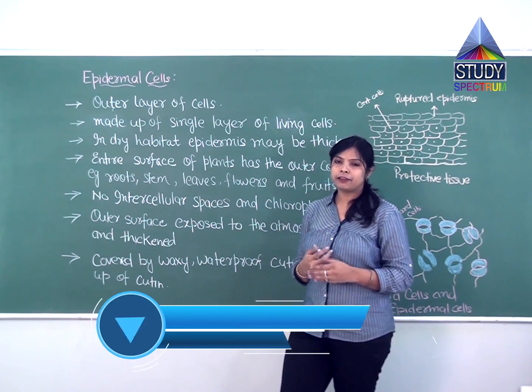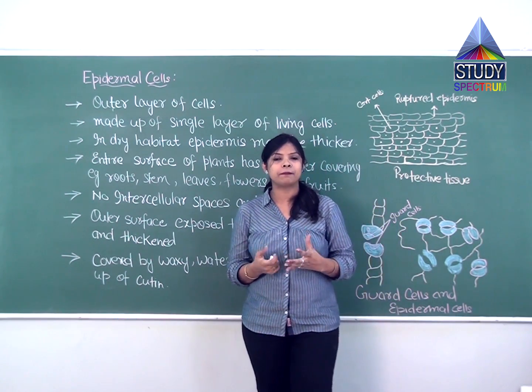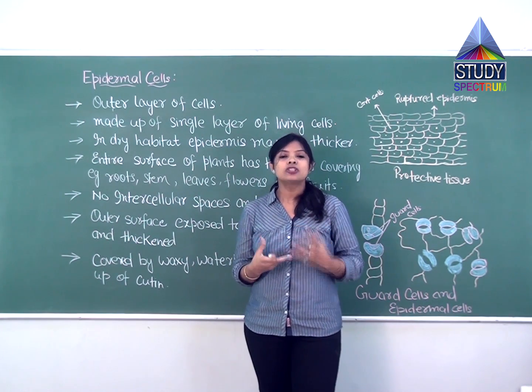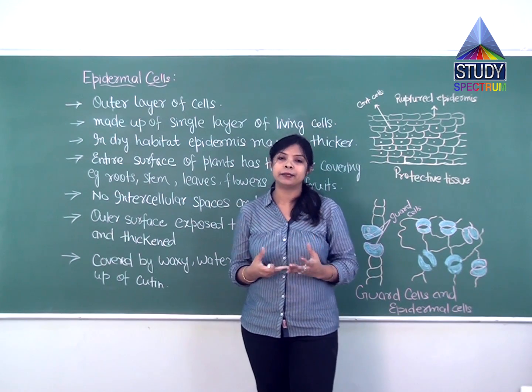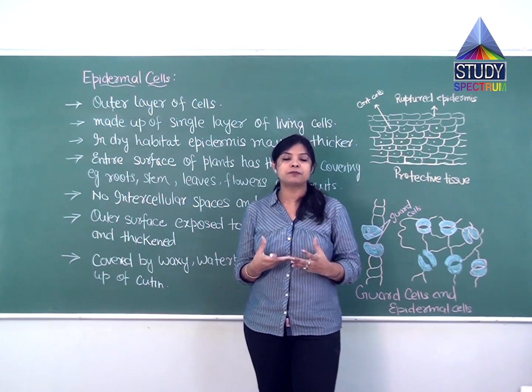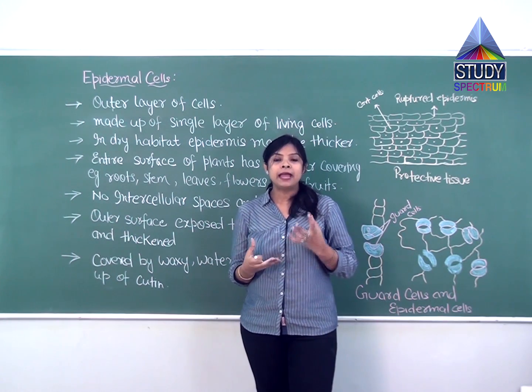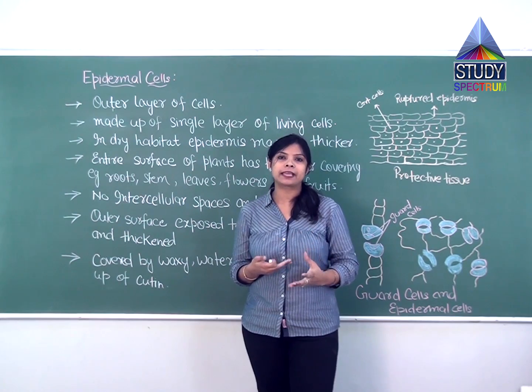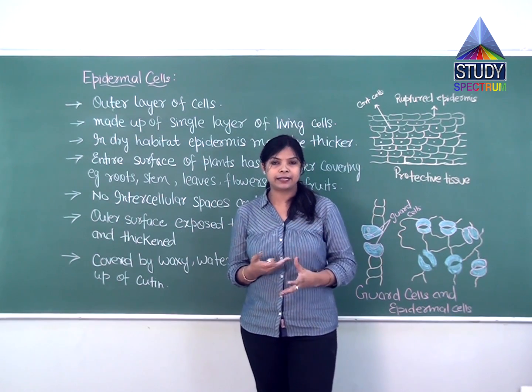Why? Because in a dry habitat the temperature is very high, so loss of water will be very high. Because of that, the epidermis becomes thicker and forms a sponge-like structure so that water loss cannot occur in that region.